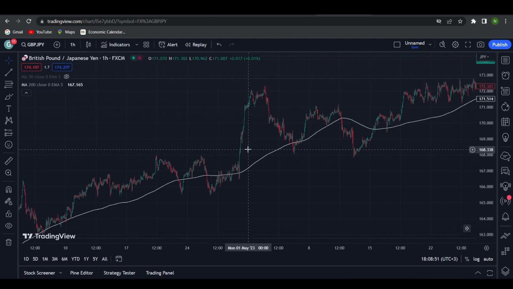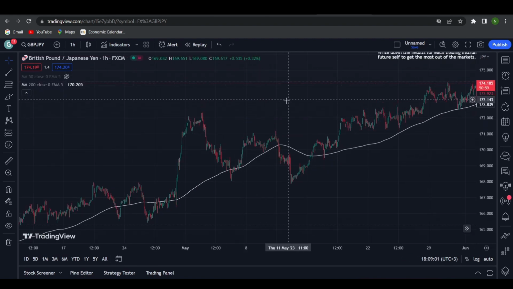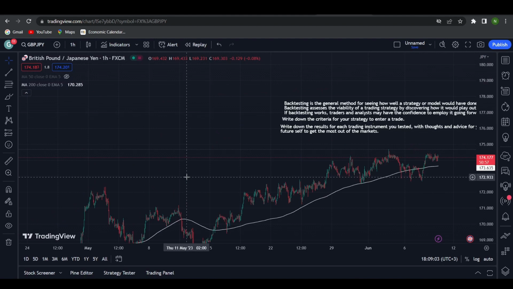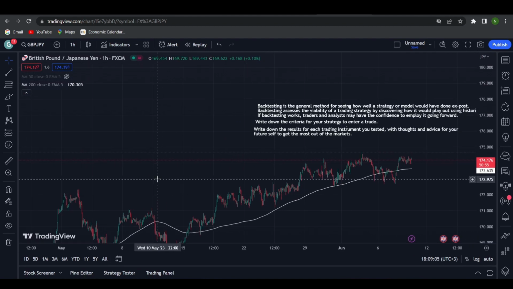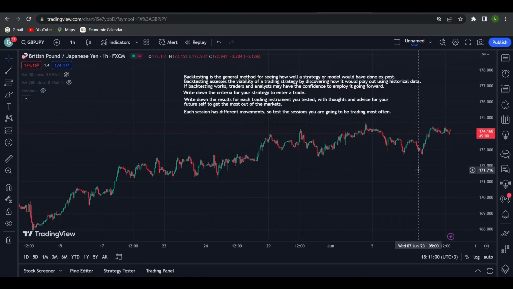Whenever you're trading that specific pair, you're going to be modifying the take profit to be in line with how this pair works. So that is my number two tip. Write down the thoughts that you have, the tips for your future self, and the win rate for each specific pair that you're going to be trading, and this will give you the best results for your trading.